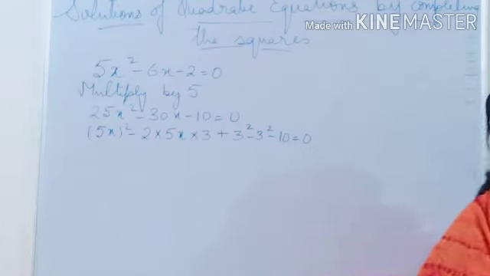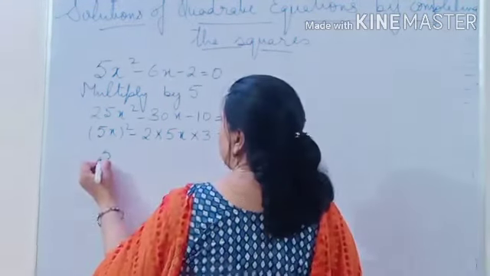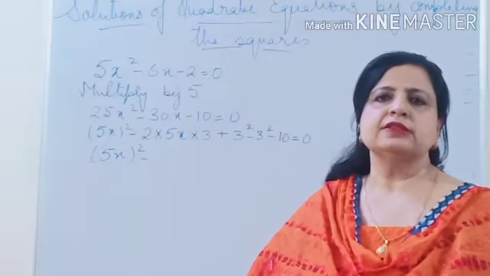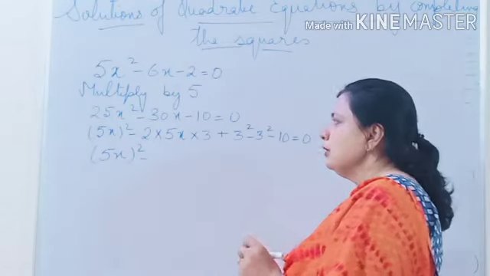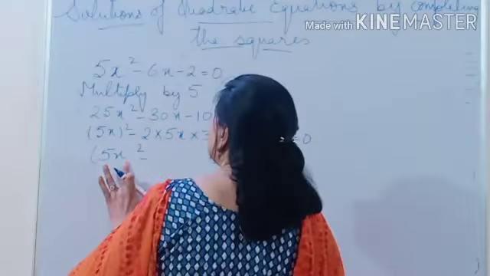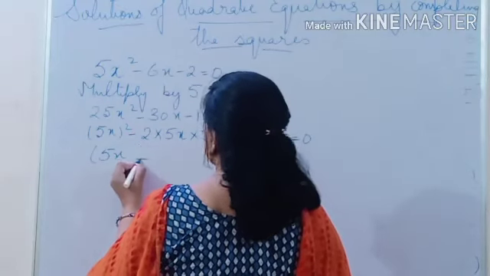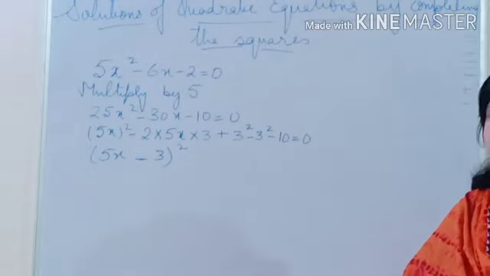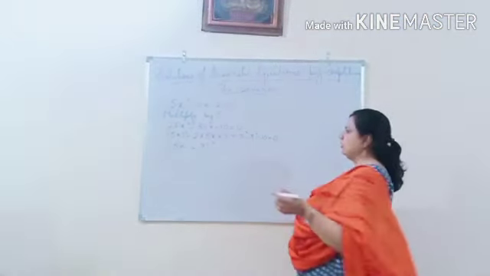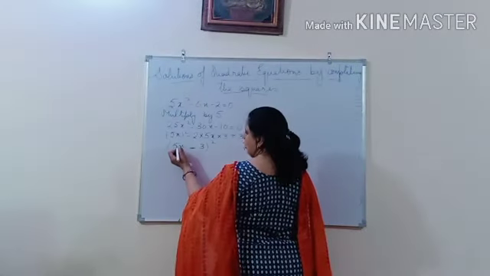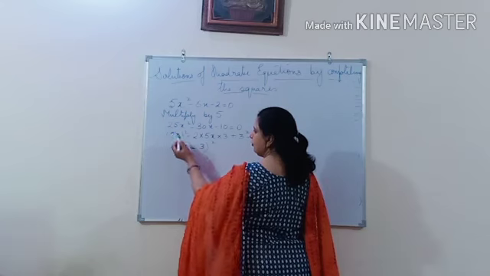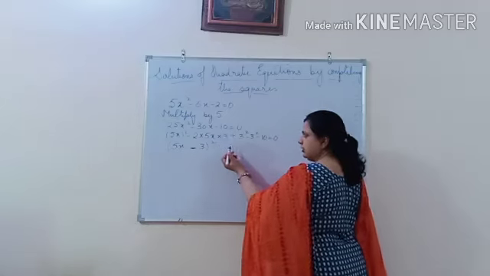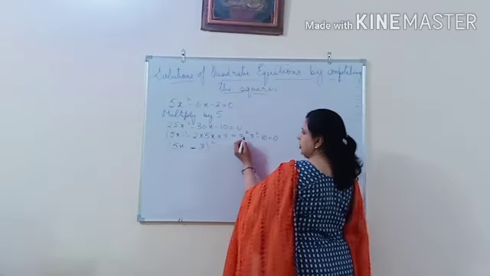Now this will be equal to 5x minus 3 whole square, which, when you open this whole square, gives 5x whole square minus 2 into 3 into 5x, that is 30x, and plus 3 whole square we have.